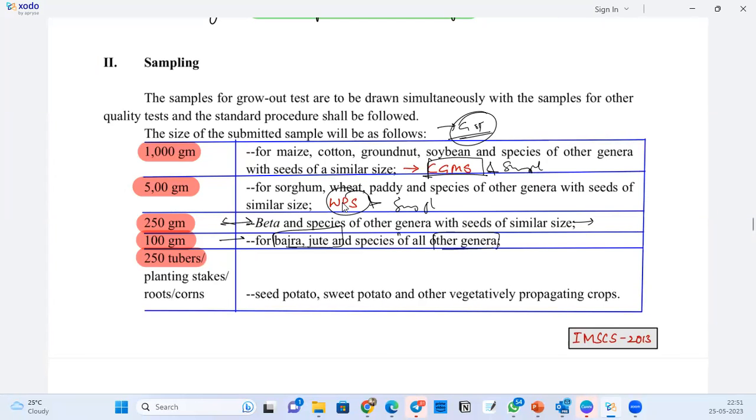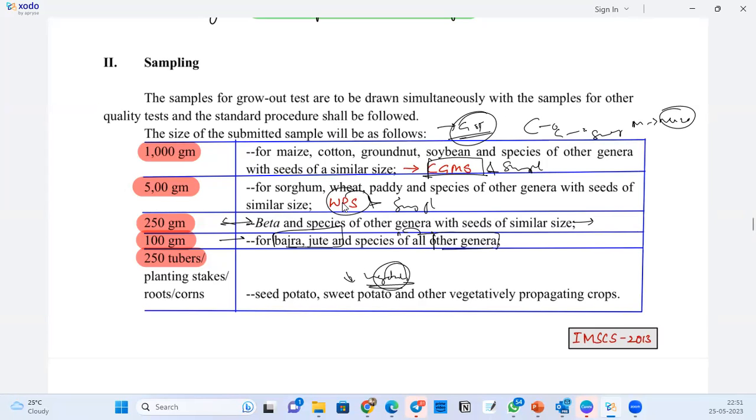CGMS is nothing but C for cotton, G for groundnut, S for soybean, and M for maize. This is how you can remember CGMS, WPS, beta, bajra, jute, and this is all vegetative propagated crops.